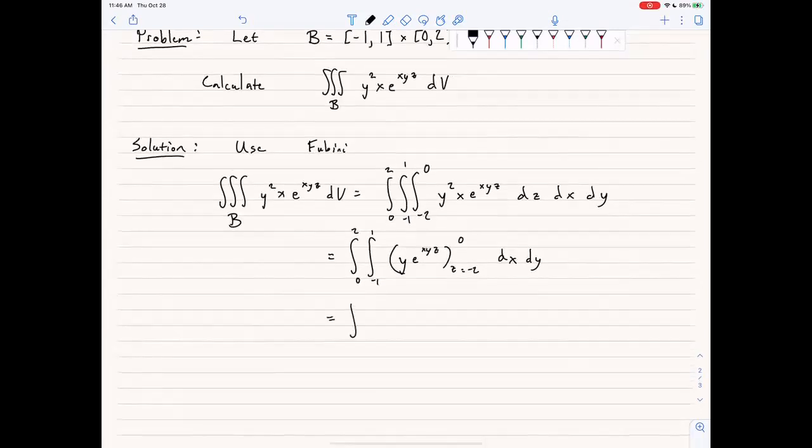So we have to go ahead and calculate a little bit. So at z equaling 0, we'll get y times 1. And then at z equaling 2, we'll get y times e to the -2xy.